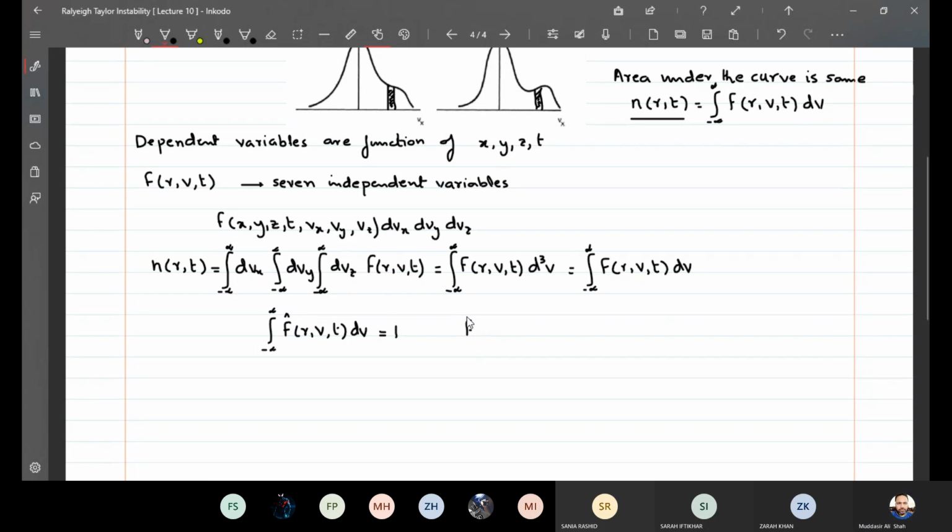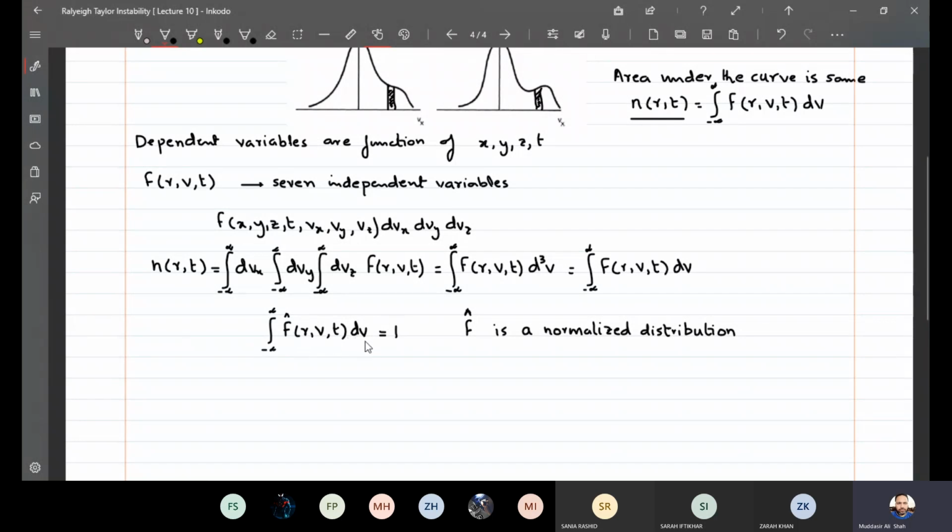So f cap is a normalized distribution. So from here you can see that usually, as this is giving you the probability of finding the particles in a certain interval, we treat this quantity as probability.